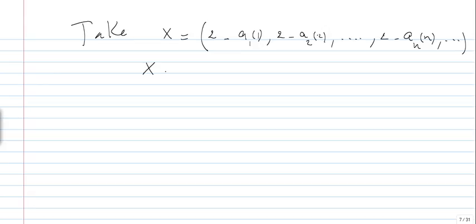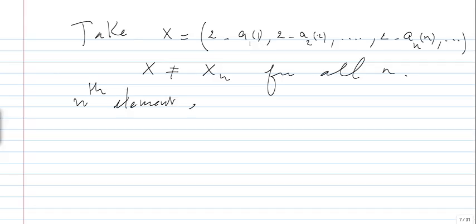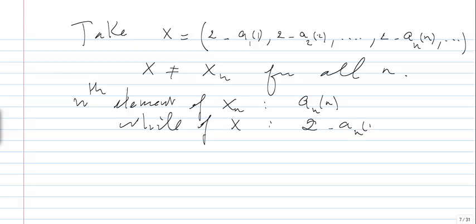So what's special about x? X is different from xn for all n. Why? Because if you look at the nth element of xn, we get a n of n, while the nth element of x is 2 minus a n of n, which are different.